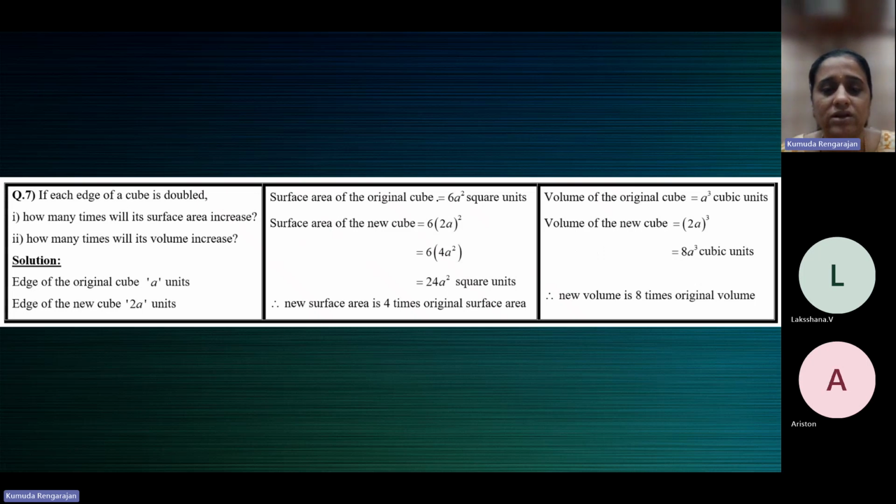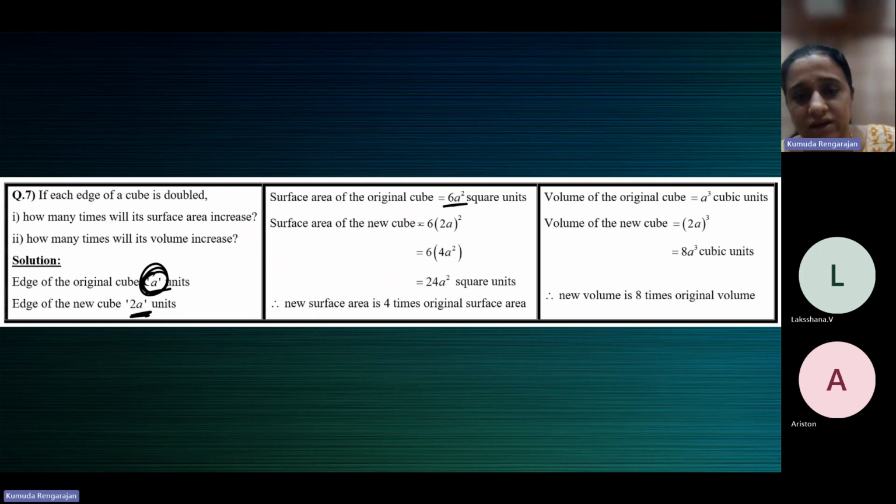So what was the original surface area? 6a square. Now the surface area is 24a square. 6a square into 4 is 24a square. So the new surface area is 4 times the original surface area. Original edge a, new edge doubled, so 2a. Original surface area is 6 into edge square, 6a square.